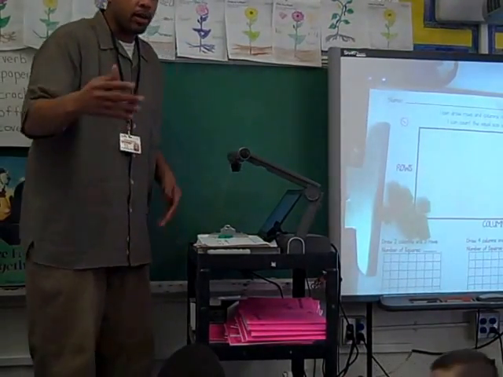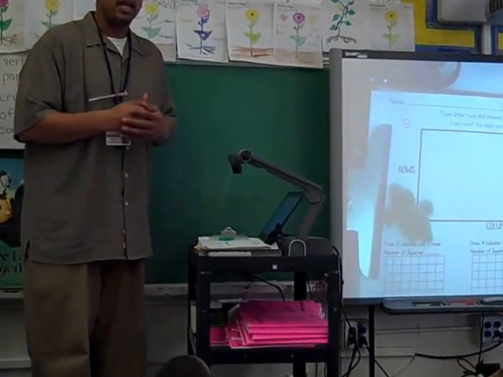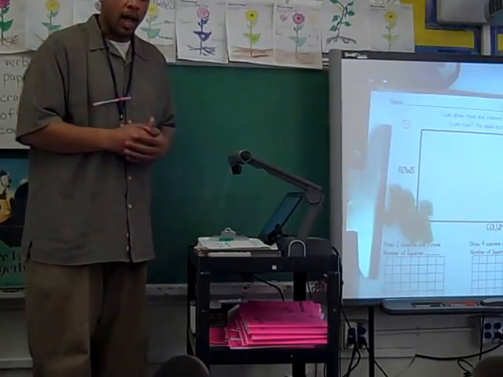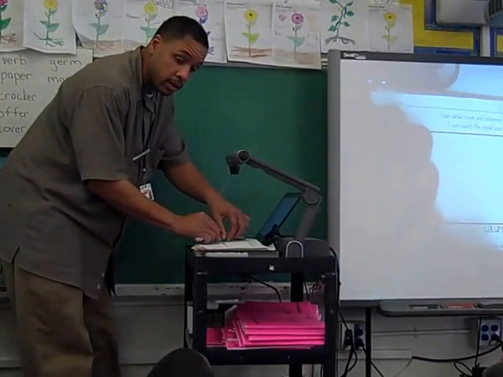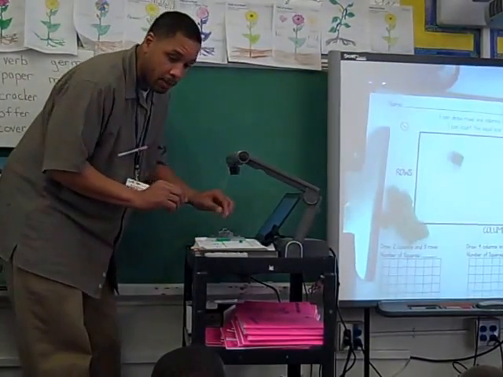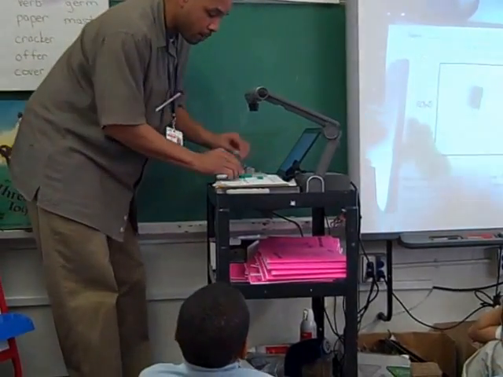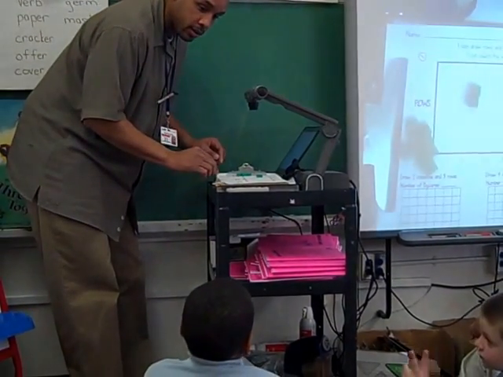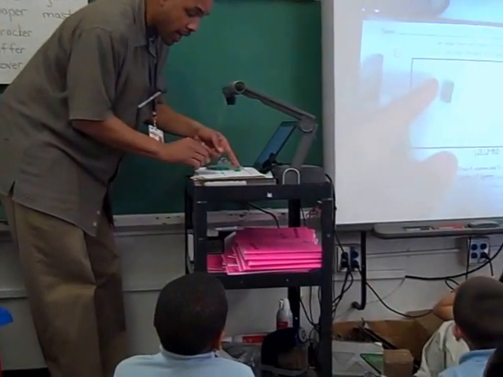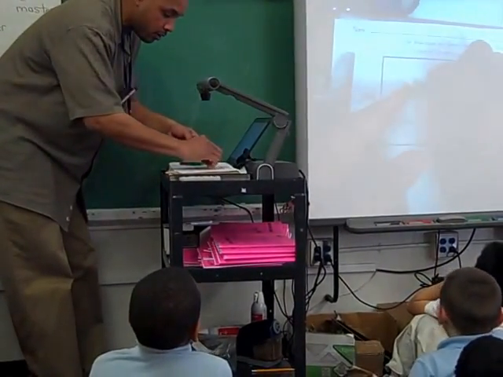All right? And then I'm going to say, class, show me 2 rows, 2 columns. So you're going to take your 1s. Now, how many blocks will I put for 2 rows? How many will I put for 2 columns? 2. Since I already had the 1 for the row, I just put another one right there.